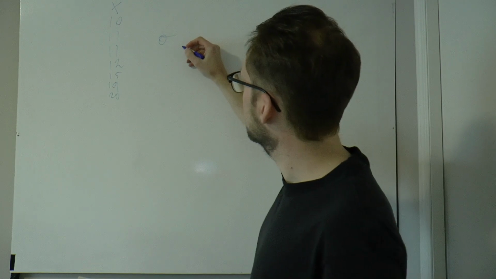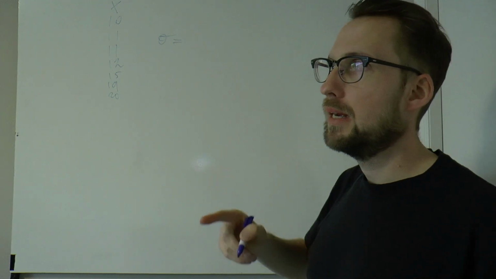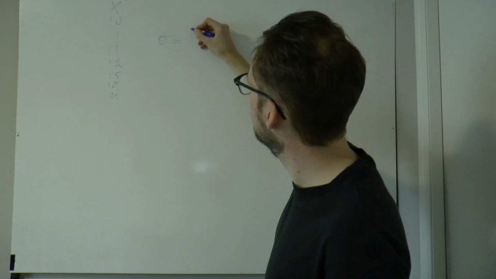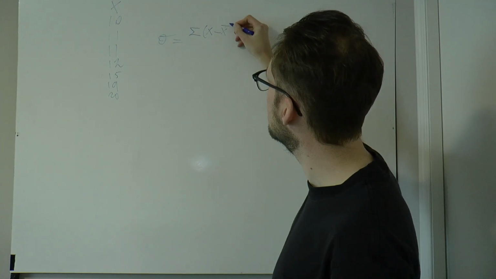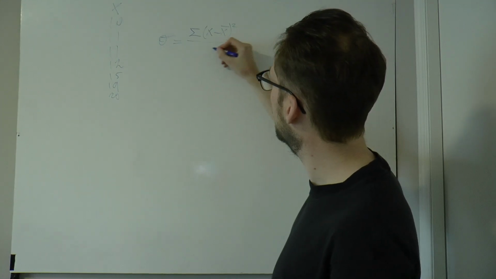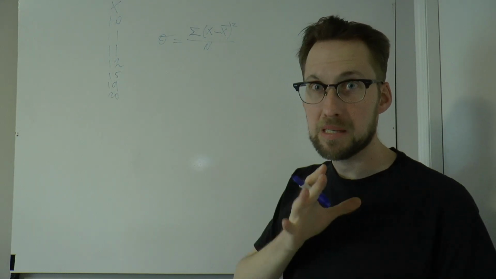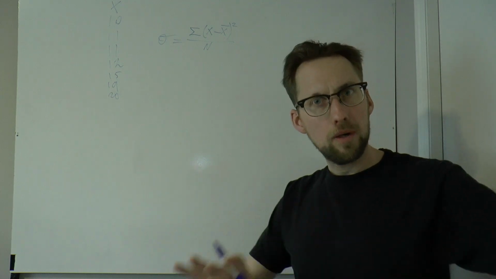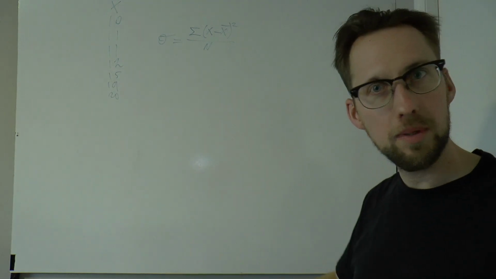My formula is sigma squared, small sigma, equals the sum of every observation minus the mean, squared, divided by big N. Later we're going to see you can also divide by big N minus 1, but for now, don't worry about that. We're going to treat this as if it's a whole population. This is all we need to do for now.